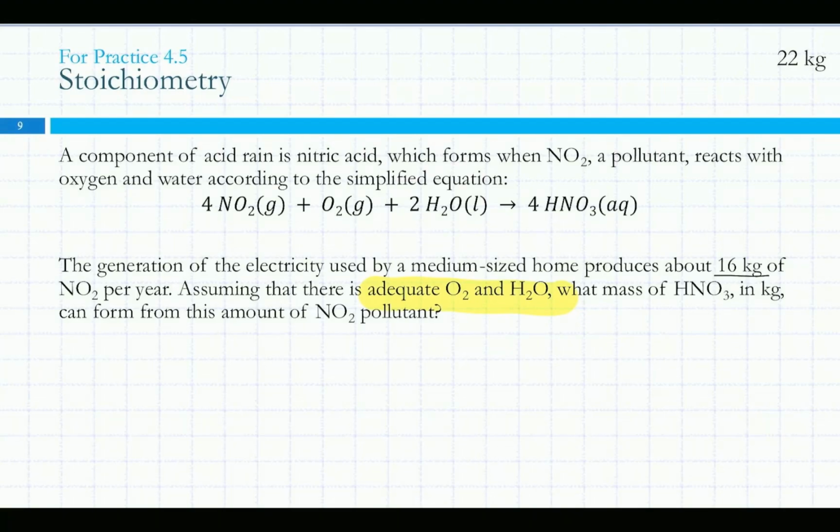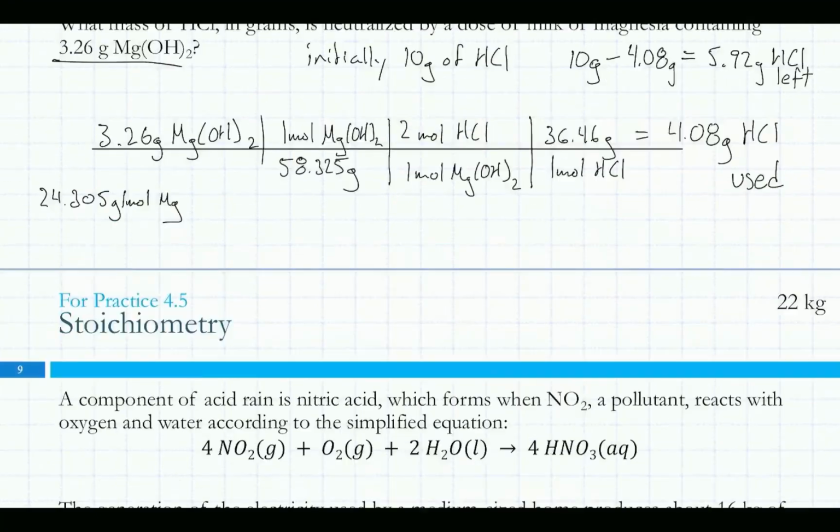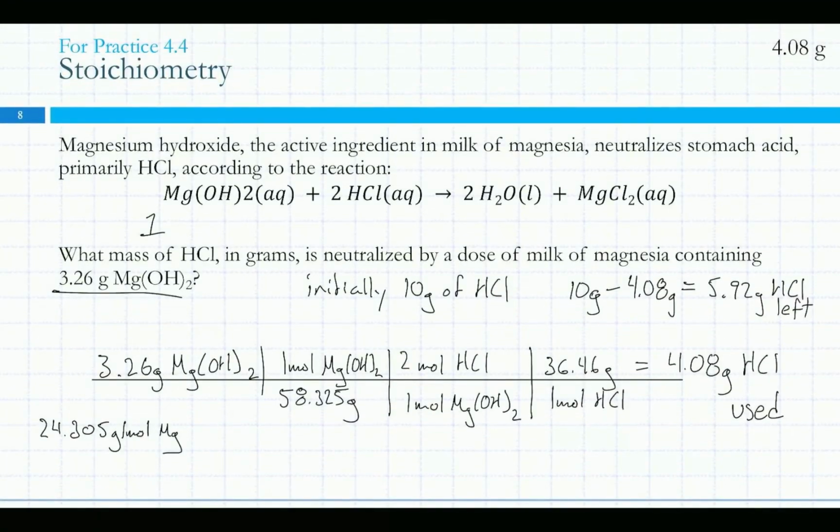It's something we've ignored from the other questions, and it's easy to forget about when you just see stoichiometry as the math. When I do a calculation like this last one, I start out with this magnesium hydroxide, crunch a whole bunch of numbers, and come out to this 4.08. I'm like, great, that's how much got used. But for that to happen, there has to be this much HCl in the first place. This has to be present.